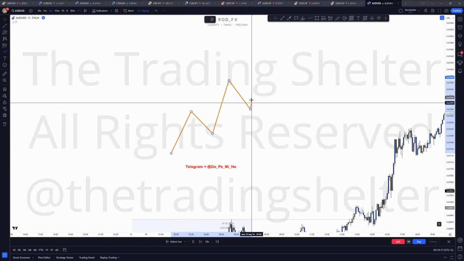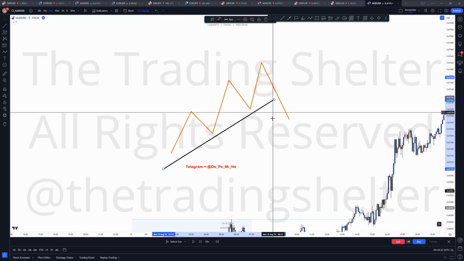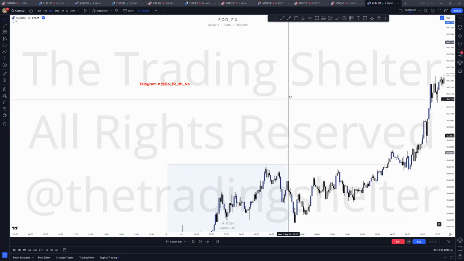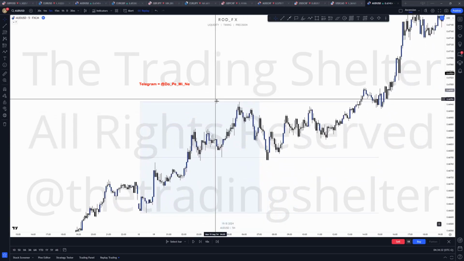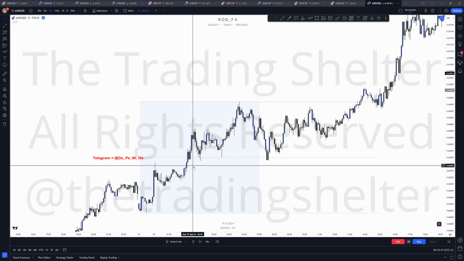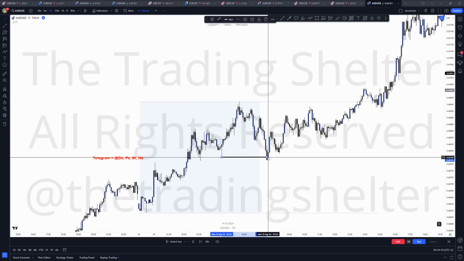It's when you have kind of a trend line being broken to the downside or the upside, right? Let's go on AUD USD August 19 and let's check together. As you can see here, we have this candle that closed below this structural point.